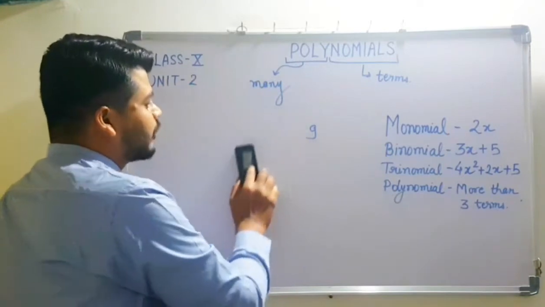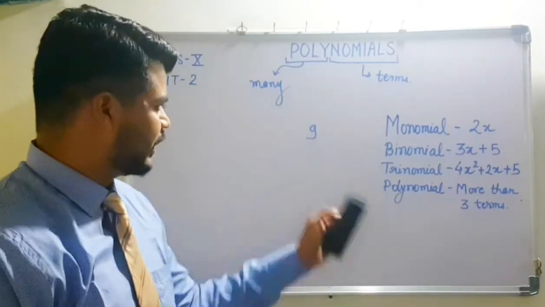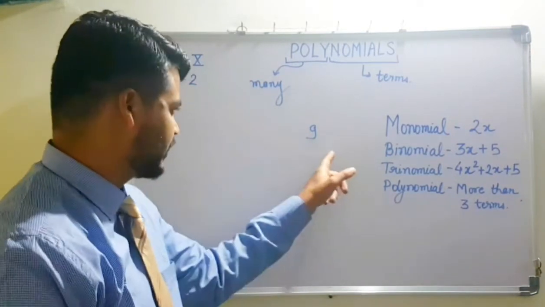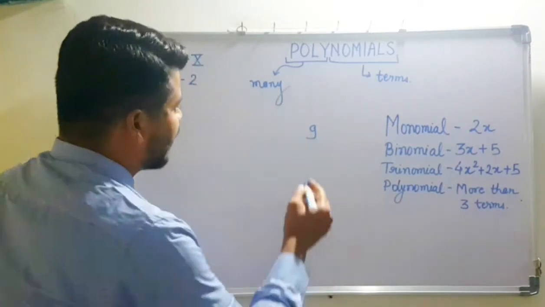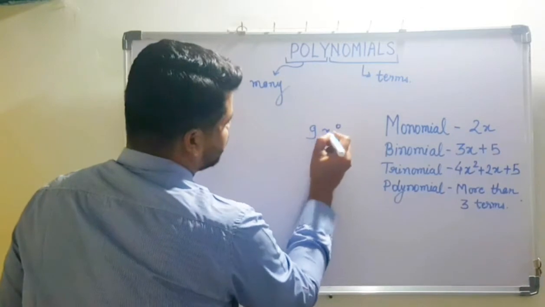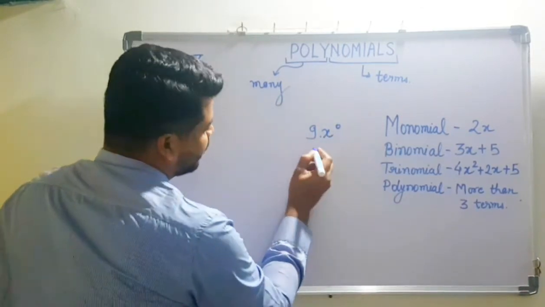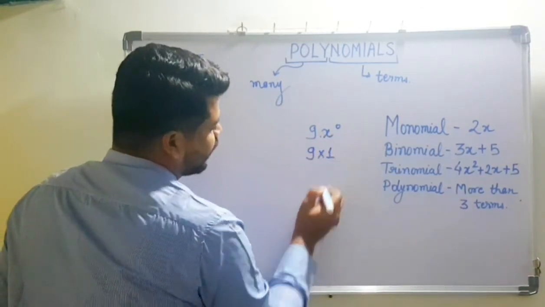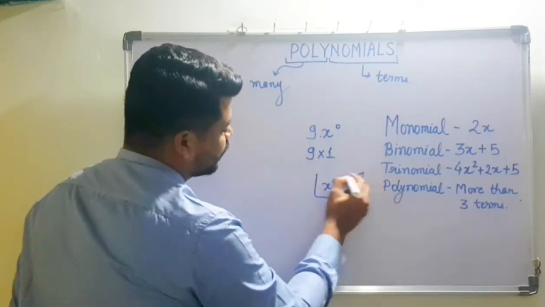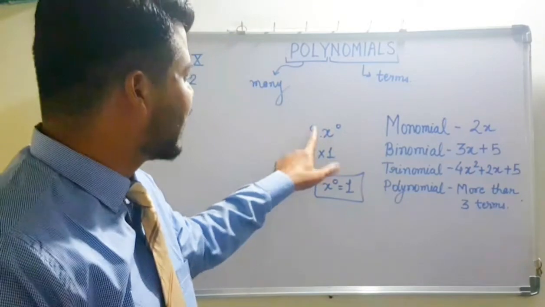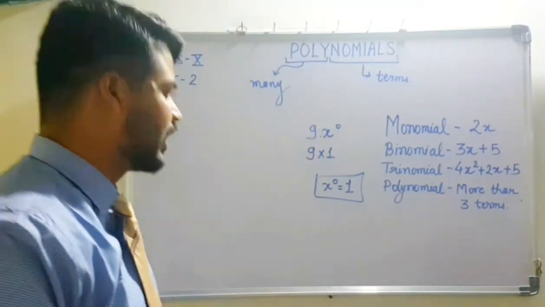Now if I rub this, is it a monomial? You will say this is a constant, sir. But if I put x to the power 0 here, it becomes 9 multiplied by 1, because we know that x to the power 0 is equal to 1.